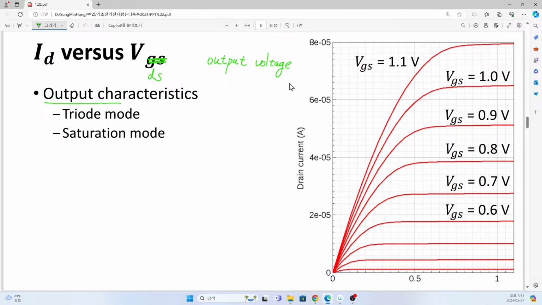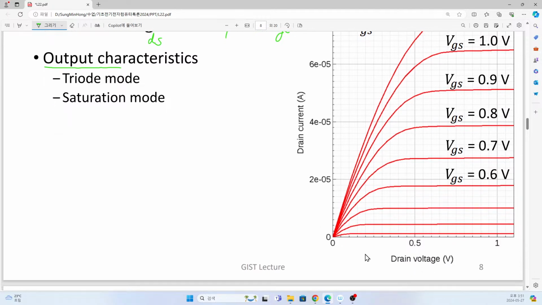This is the typical curve, and when we have higher drain voltage, then at first the drain current is increasing, because we now apply higher and higher voltages, so electrons are more and more accelerated, faster and faster.